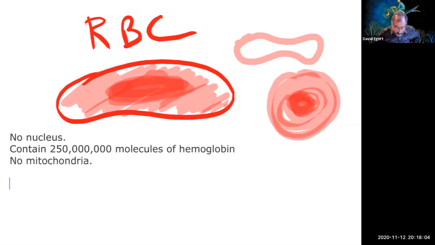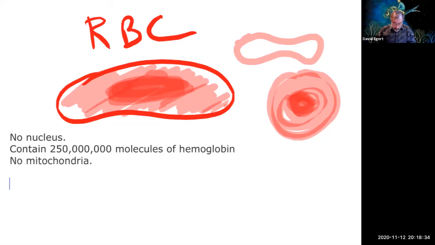So let's talk a little bit about this. No nucleus. What does that mean? If it doesn't have a nucleus, what is it not going to be able to do? DNA, cell replication. It can't divide and it can't even repair itself. It can't make proteins anymore. So once this thing is off in the circulation, it doesn't have very long to live because it's going to wear out and it cannot be repaired.